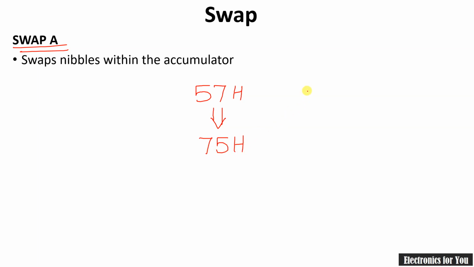Again, if it contains 2B, then after the swap instruction the accumulator will be B2. Higher bits will be shifted to the right, and lower bits will be shifted to the left.